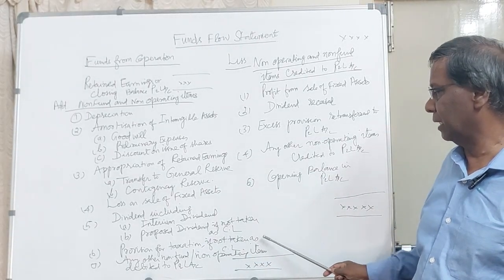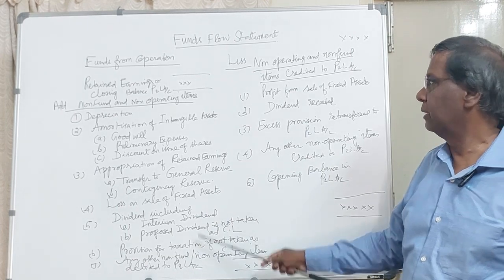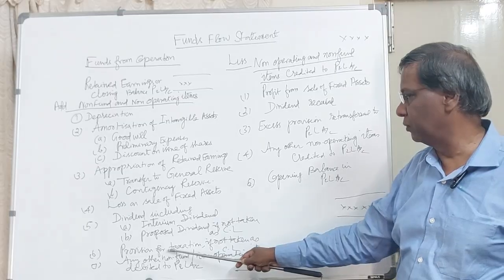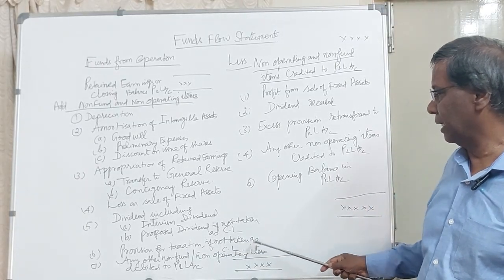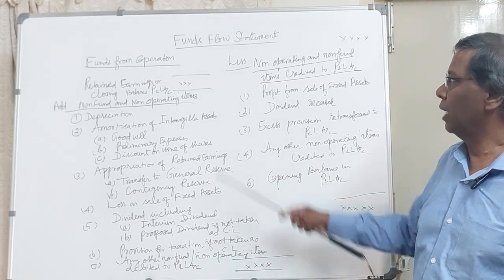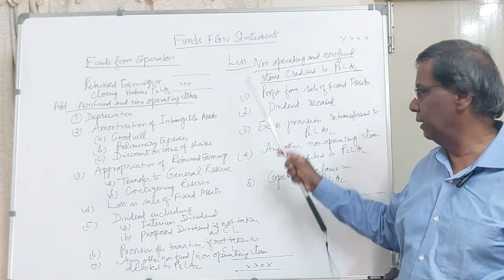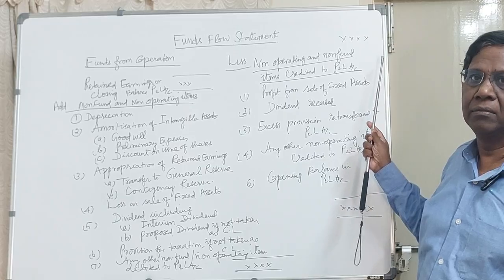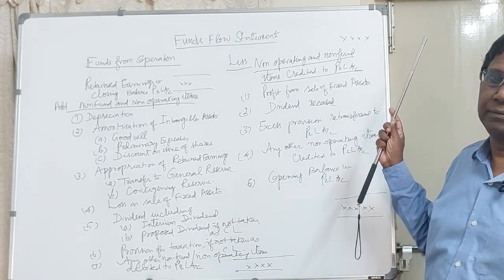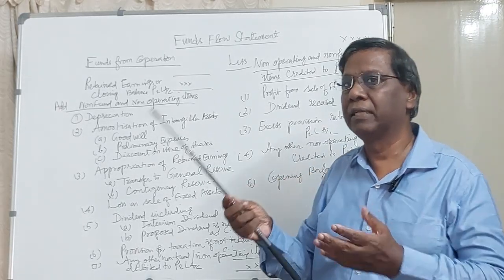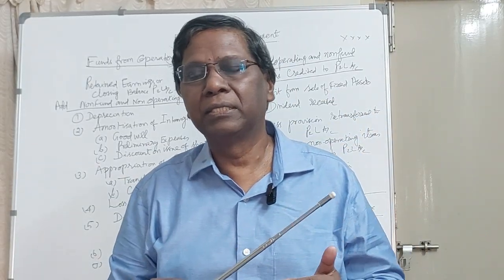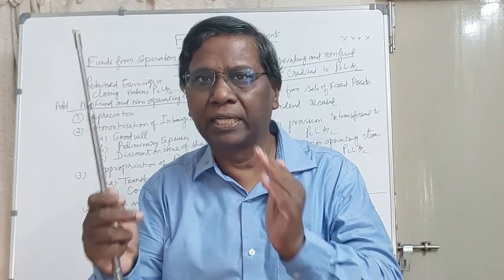If it's not taken as a current liability, then you have to add it here. You can't add it two times. So in provision for taxation, if not taken as a current liability, then you have to add back. When you pay the tax, show it as a long-term use. Then if you include it in the current liabilities, then the schedule of changes will take care of it.